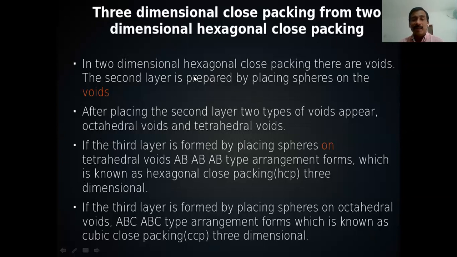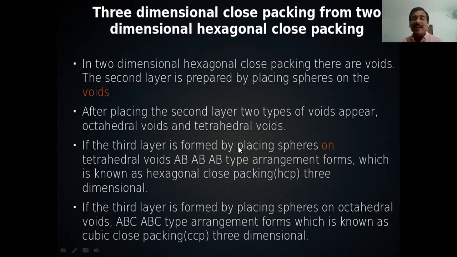In two-dimensional hexagonal close packing, there are voids. The second layer is prepared by placing spheres on the voids. After placing the second layer, two types of voids appear: octahedral voids and tetrahedral voids.